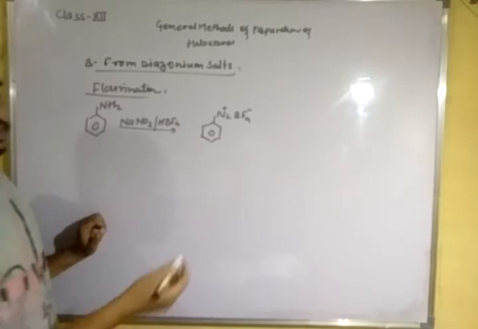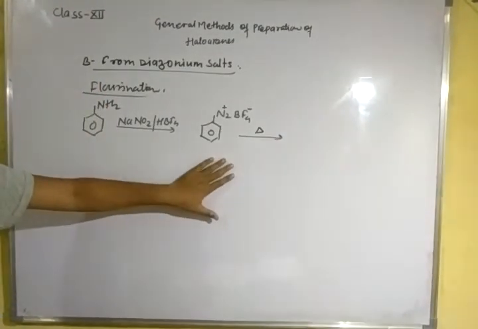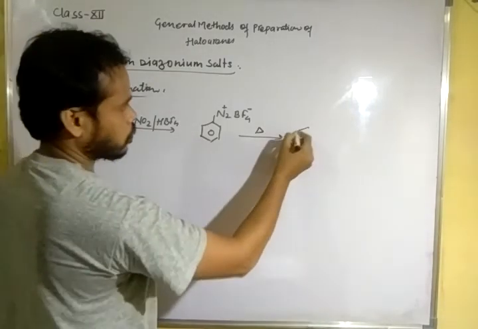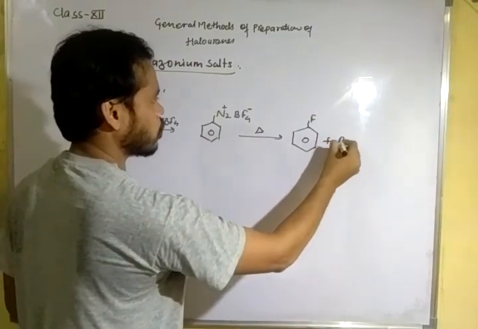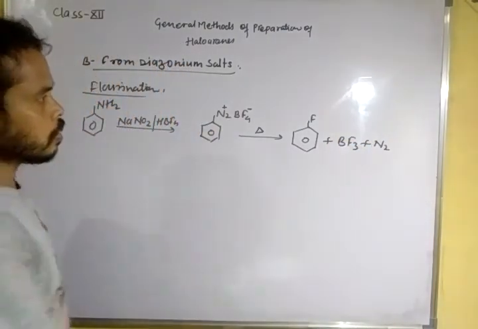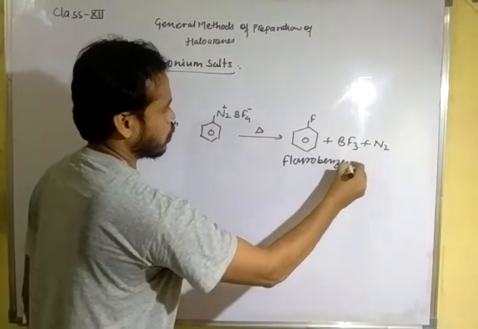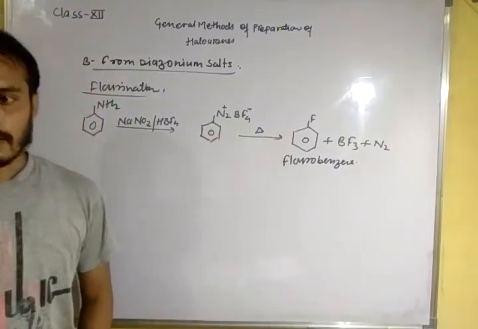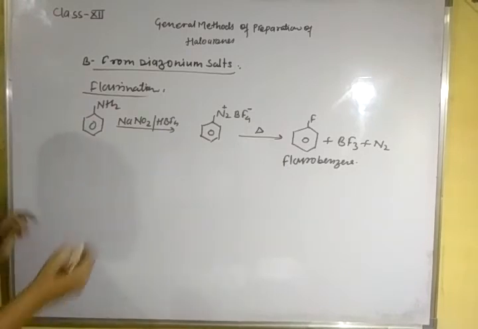After heating, it forms fluorobenzene, like this. Fluorobenzene, BF3 and nitrogen as byproducts. Clear?